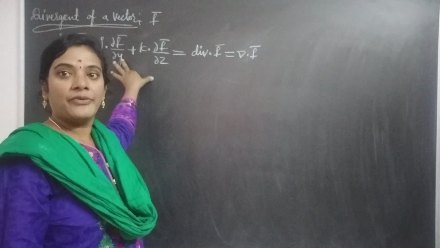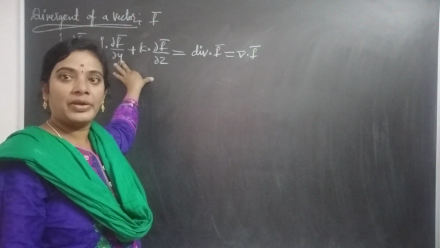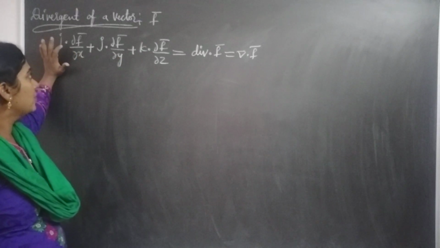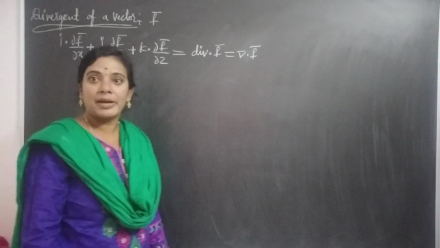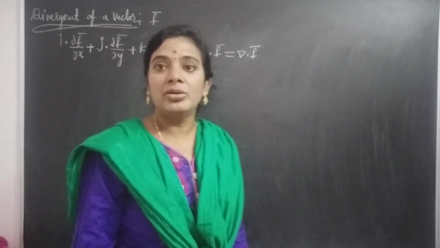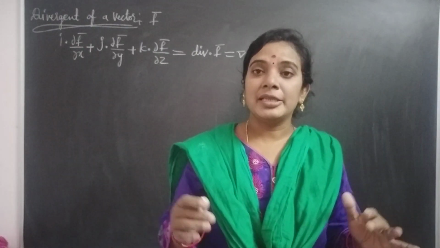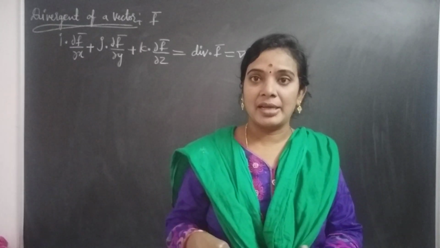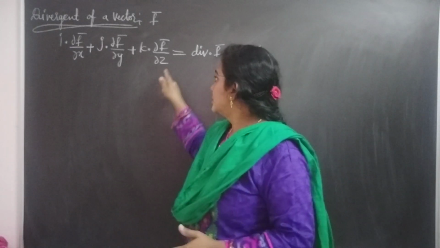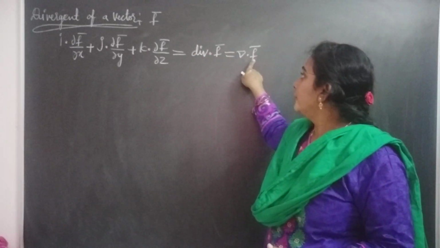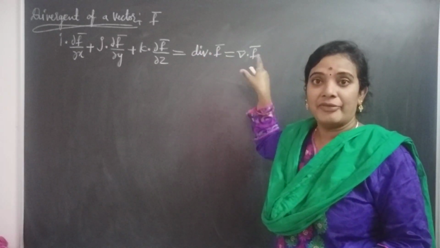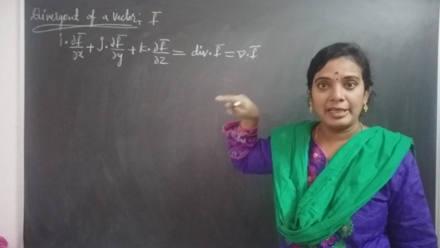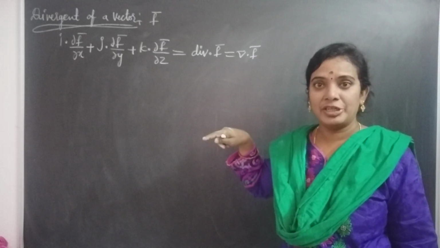In this, we can define the divergence of a vector f bar as i dot dou f bar by dou x plus j dot dou f bar by dou y plus k dot dou f bar by dou z. That is nothing but the differential operator in vectors, that is del, and between the del operator and f vector there is a dot product. Del is a vector differential operator.